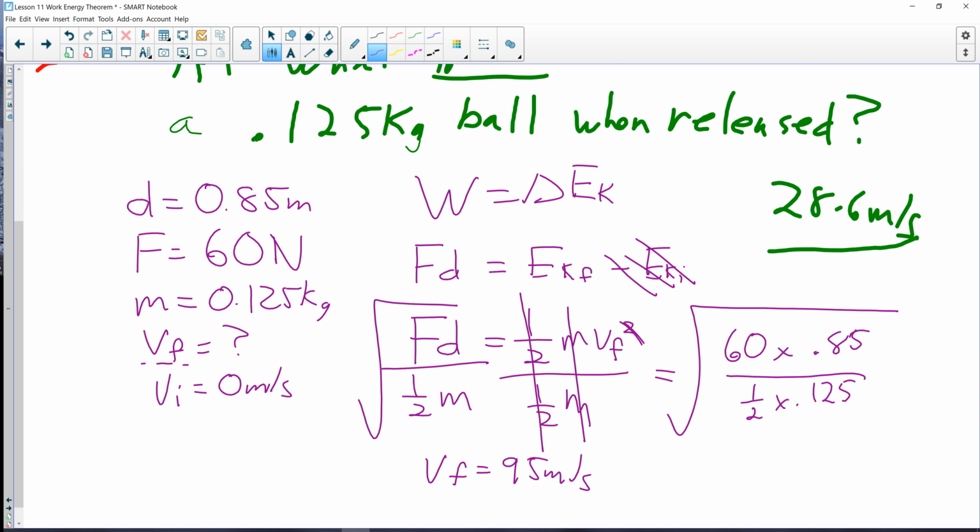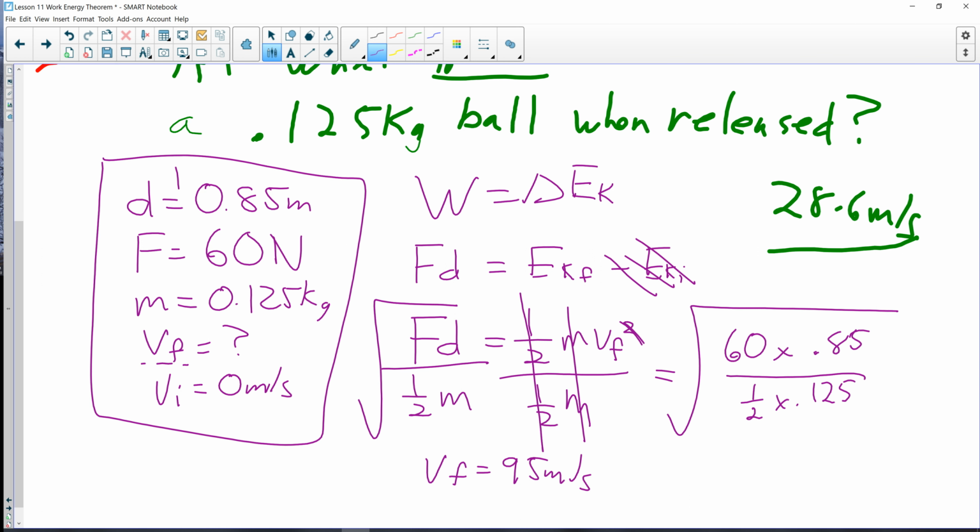All work energy theorem problems basically work the same way. All that changes is, are you looking for V, are you looking for F, or are you looking for D? Or if it was a potential energy problem, are you looking for H? They all have a similar set of steps. We write down our givens, that's step 1.